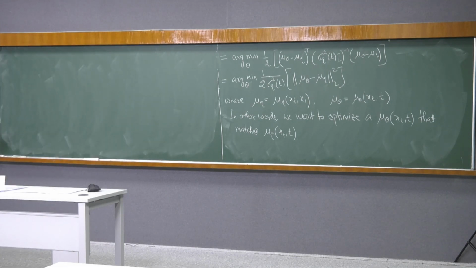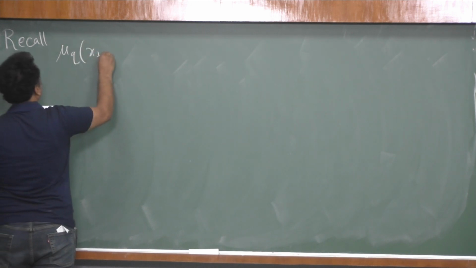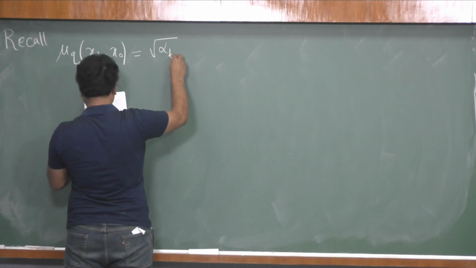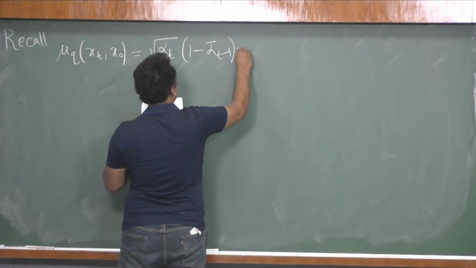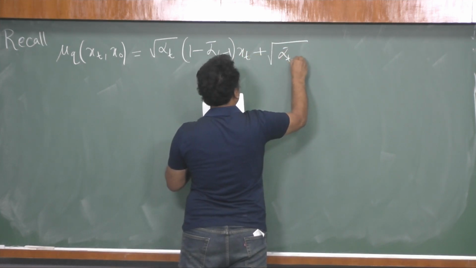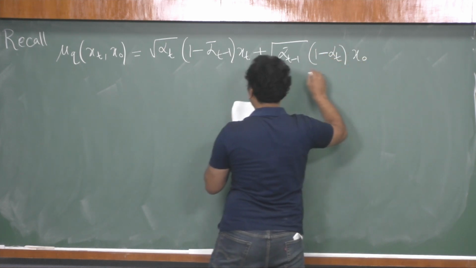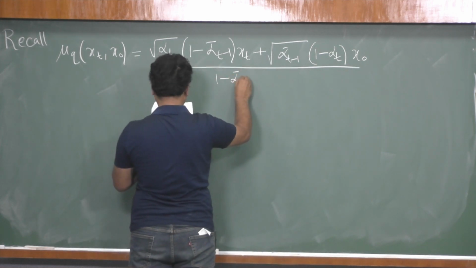We recall mu q of xt and x naught, and this was found to be square root of alpha t times 1 minus alpha bar t minus 1 times xt, plus square root of alpha bar t minus 1 times 1 minus alpha t times x naught, and the whole thing was divided by 1 minus alpha bar t.